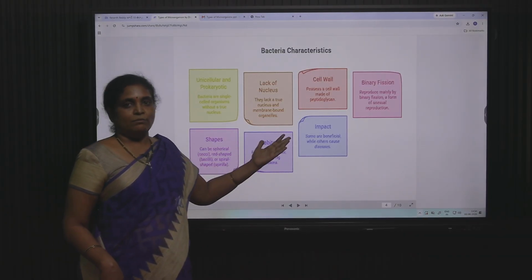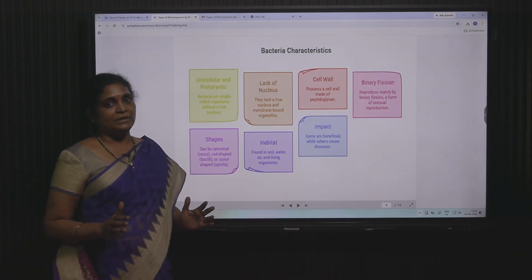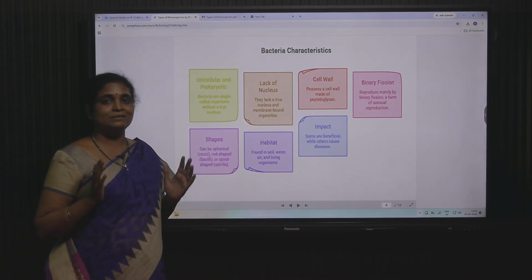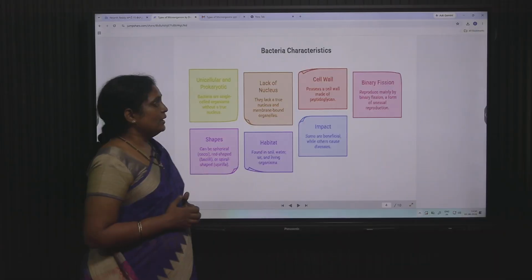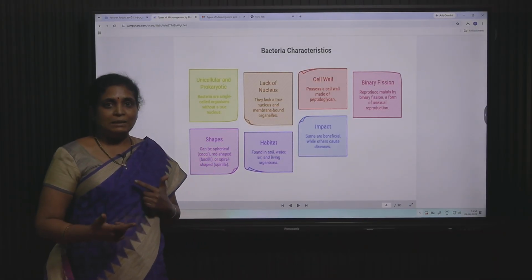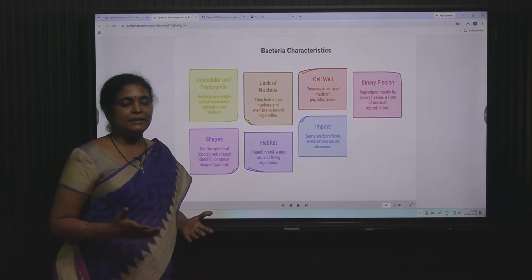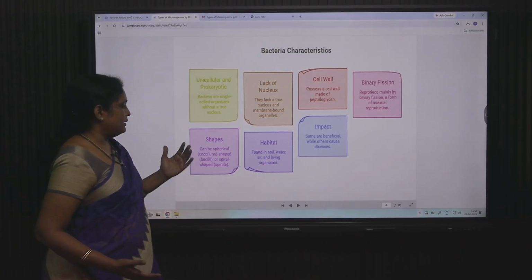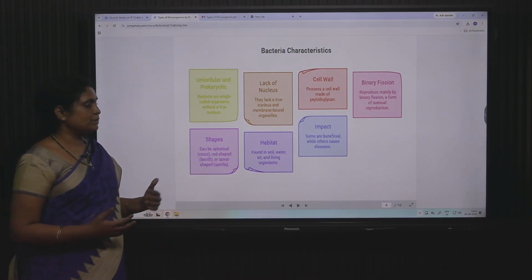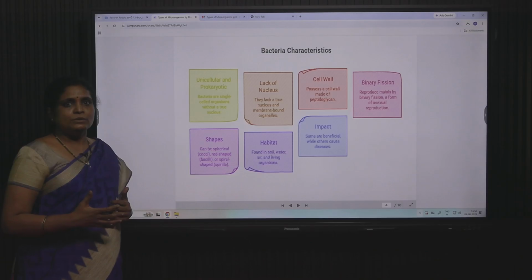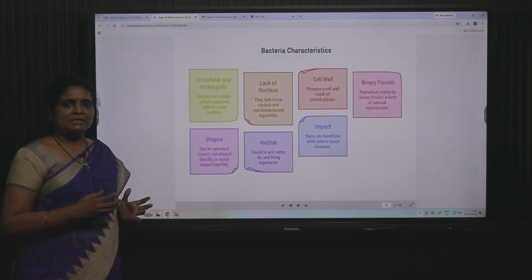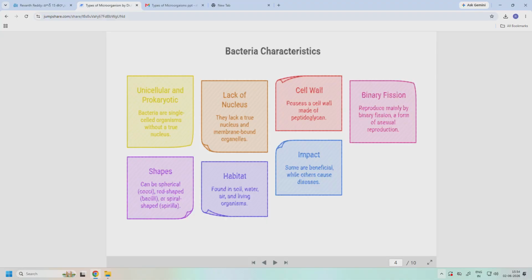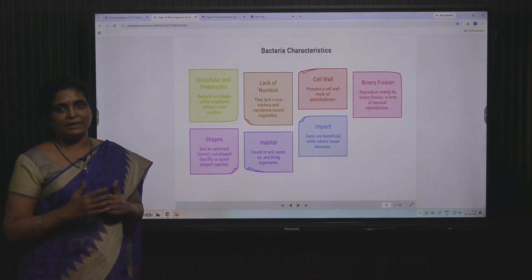And coming to the cell wall, bacteria have a peptidoglycan cell wall, that is the uniqueness of bacteria. And bacteria multiply with the help of binary fission, which is asexual reproduction. And one more characteristic feature of bacteria is their habitat. They are omnipresent, we can see bacteria anywhere: in soil, water, air and different kinds of habitats. Bacteria also exhibit majorly 3 different shapes.